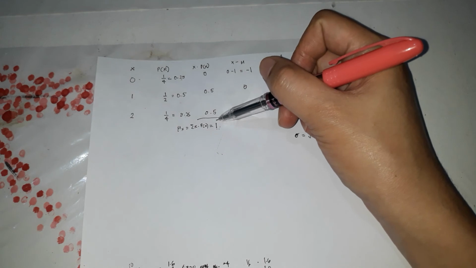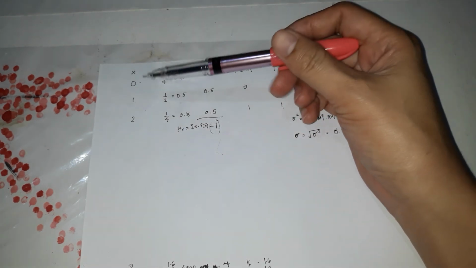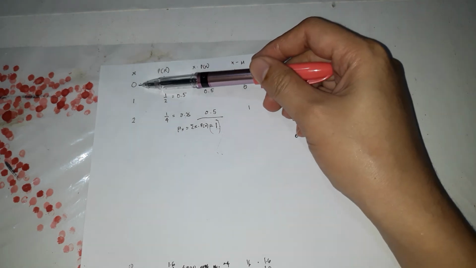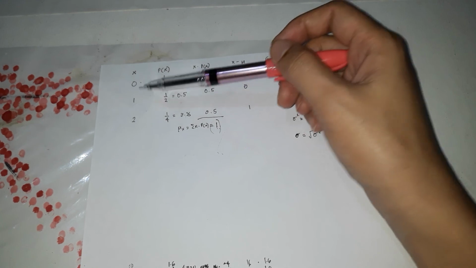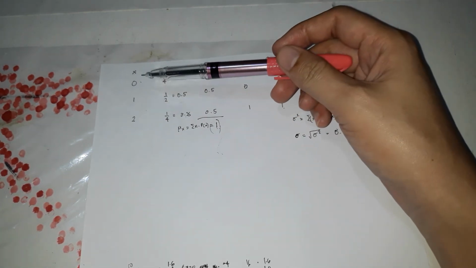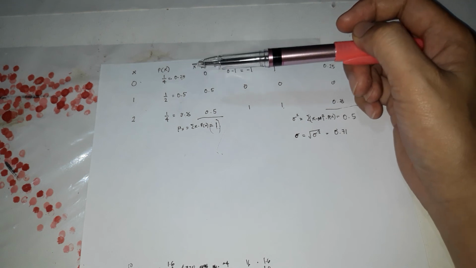So for us, it means that the mean is 1. If you're going to choose between 0, 1, and 2, what you're going to choose is 1 because the average is 1. It's usually what will come out, 1. That's the expected outcome.